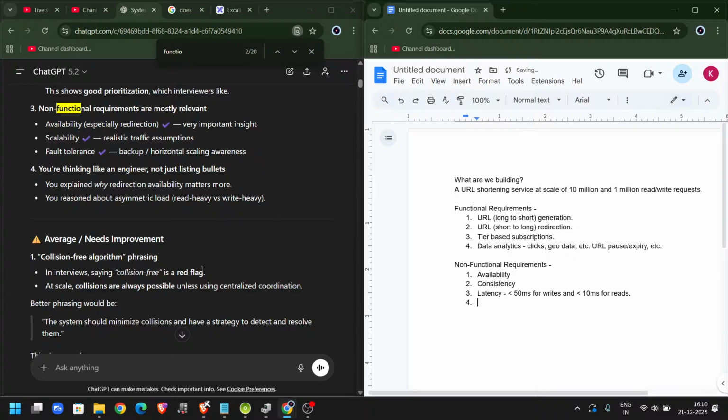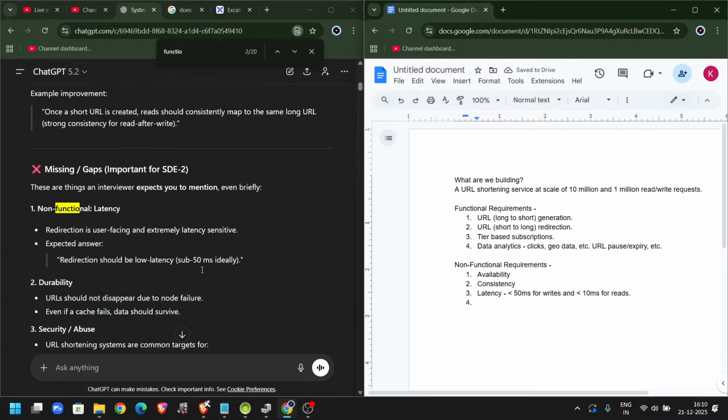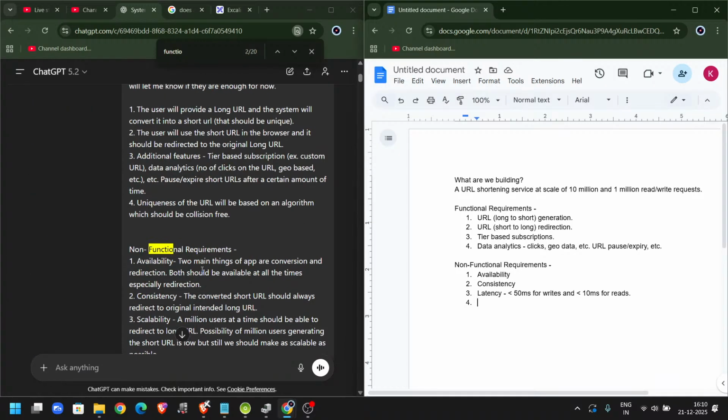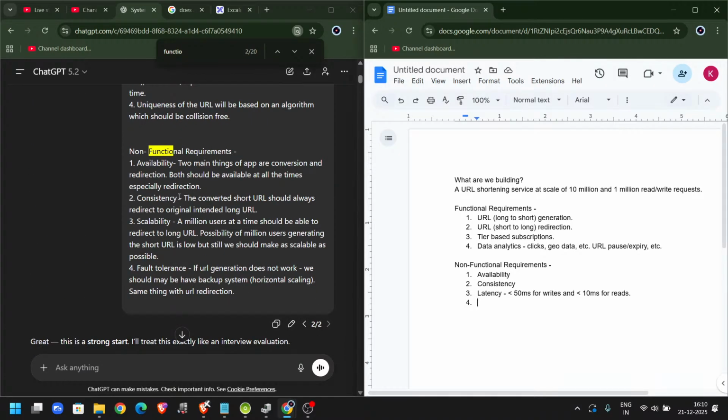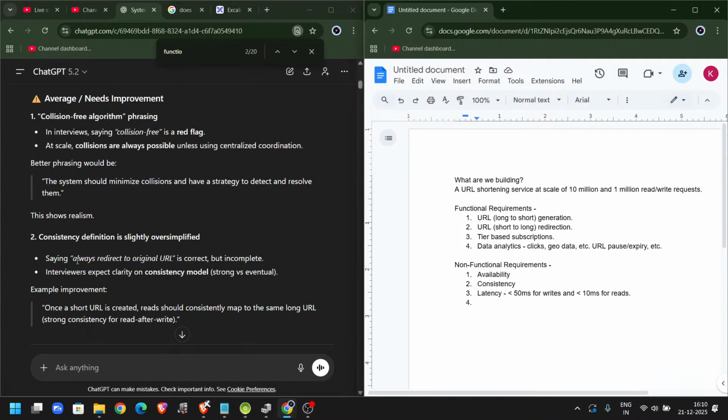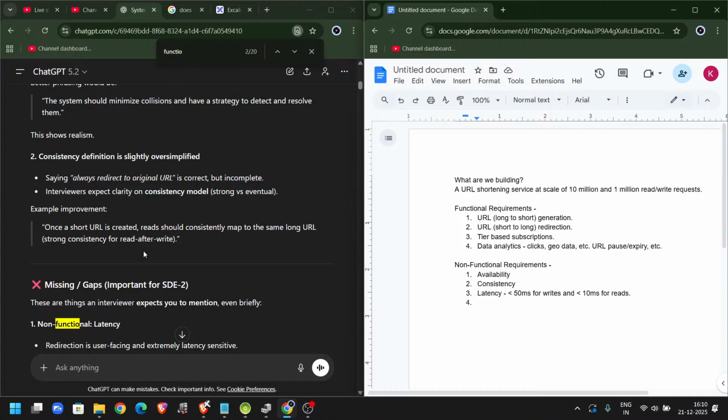Okay, what else? कंसिस्टेंसी का I remember इसने कुछ अलग बताया था, then what we answered, right? Consistent read after write. Okay, what else do we have?